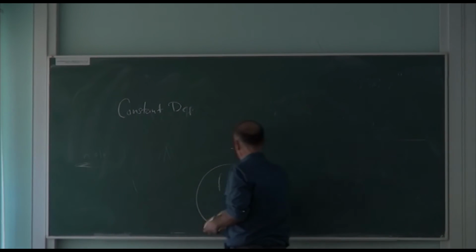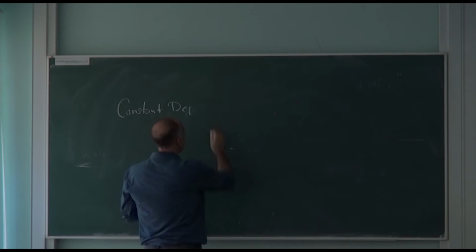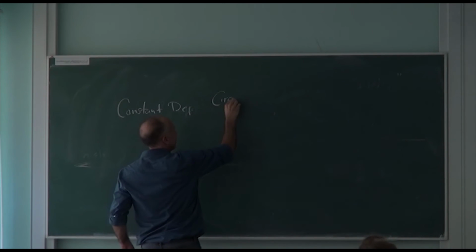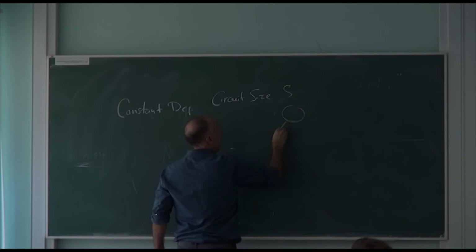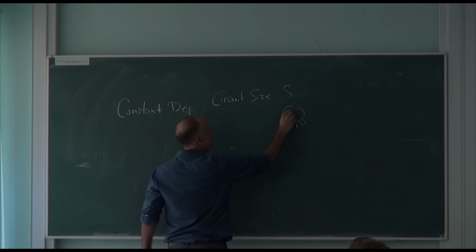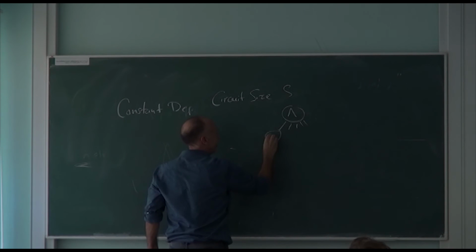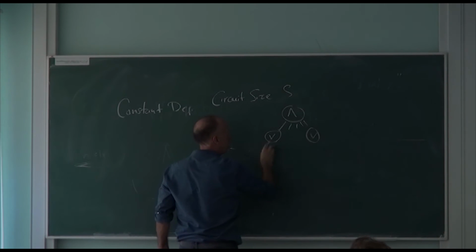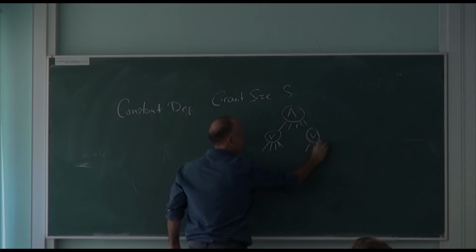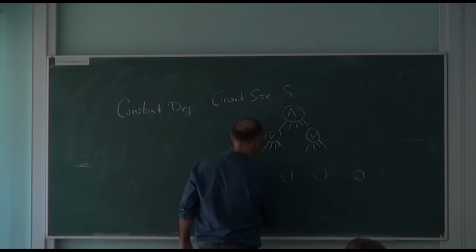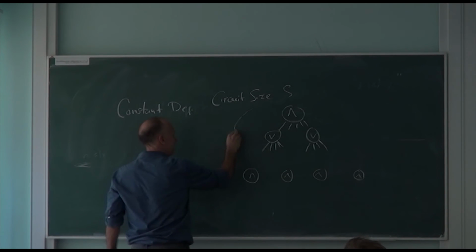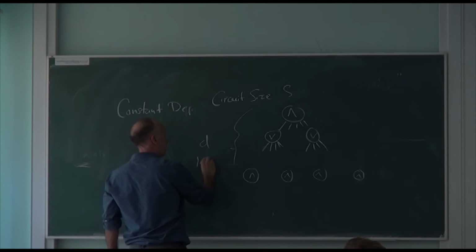So I've got a circuit of size S, and I've got a topmost gate. Let's say it's an and, then the next level of gates are ors, and we end up with ands. So these are like D levels of ands and ors.